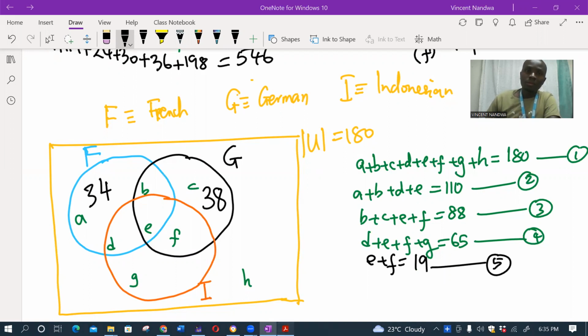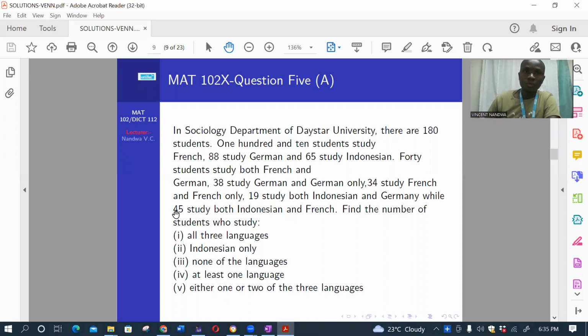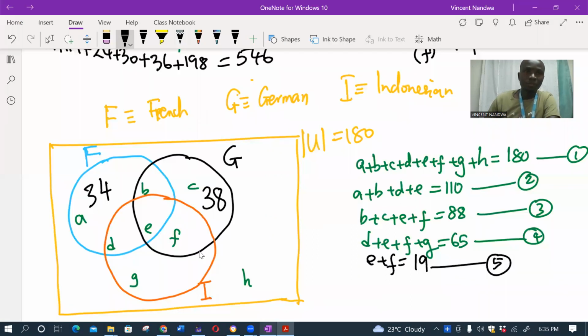And then the other information is 45 study both Indonesian and French. So I and F is 45. So D plus E is 45.